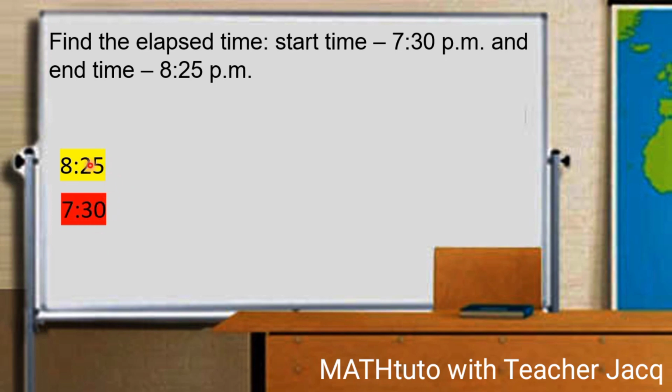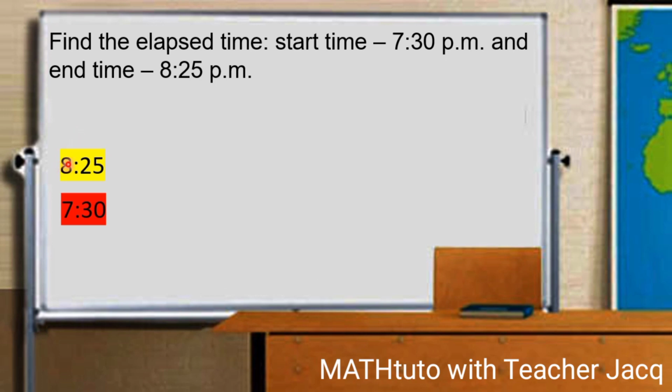So, i-observe natin yung ating given. Pagdating sa minutes, mas mababa yung nasa taas kaysa sa nasa baba. So, we all know in subtracting numbers, kailangan mas mataas yung numbers na nasa taas kaysa sa nasa baba. Okay, so if this is the case, we will borrow from 8.